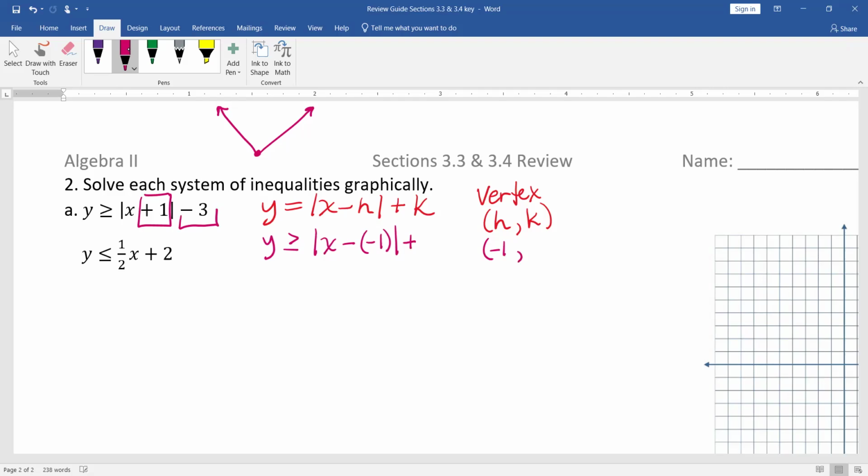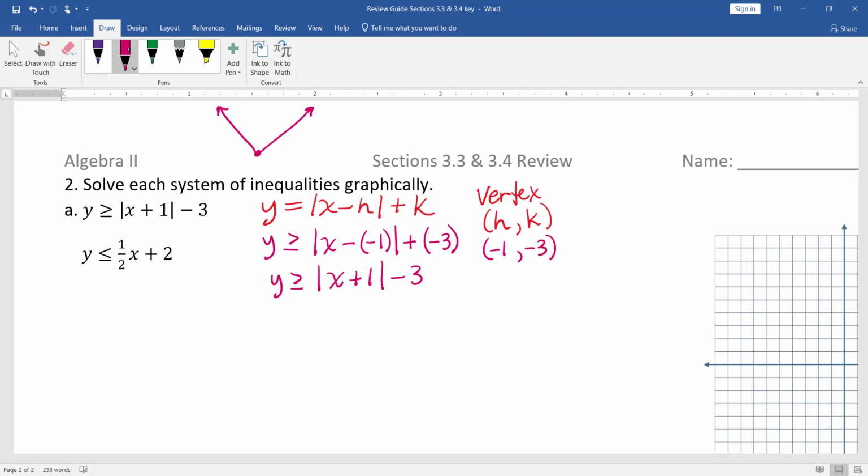Subtraction is simply adding a negative number, so we're adding the opposite. That means my k is negative 3. This has the same value as y is greater than or equal to the absolute value of x plus 1, minus 3, which is what I have in my system of equations here. So my k is negative 3.